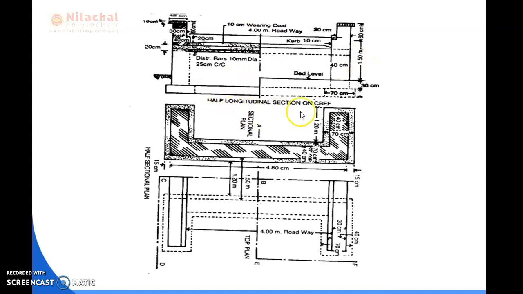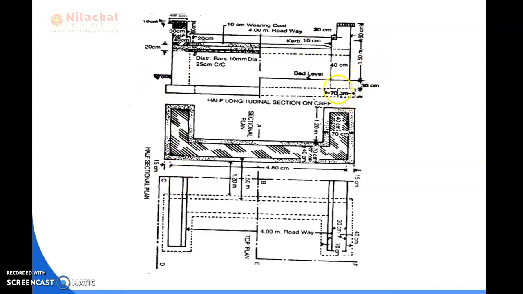Here is the longitudinal section of CBEF. The first drawing was the elevation part. At this point, we discuss the longitudinal section on CBEF, where the section line C, B, E, F is cutting the wing wall portion.